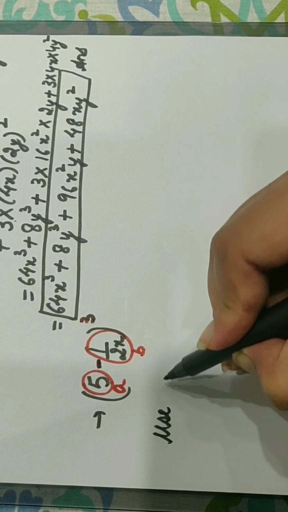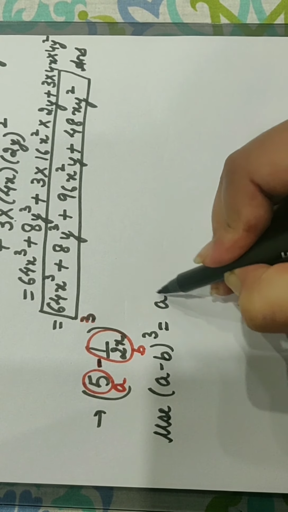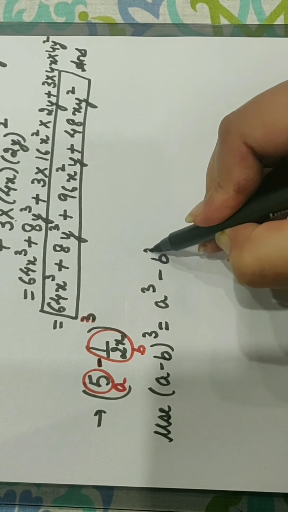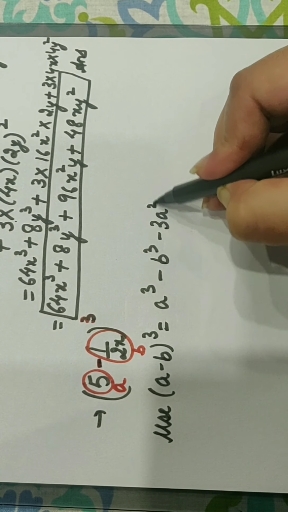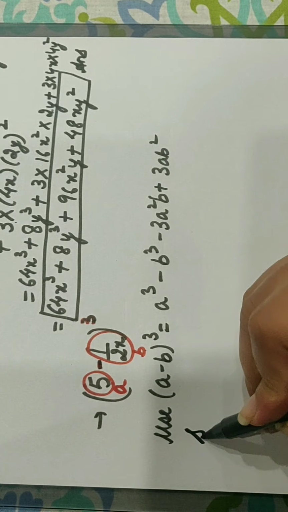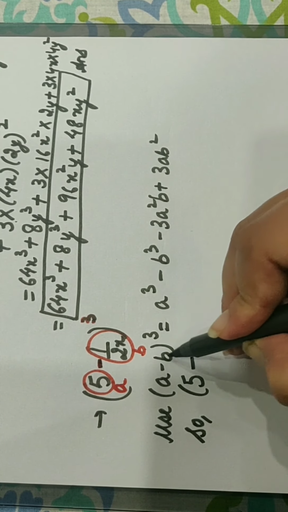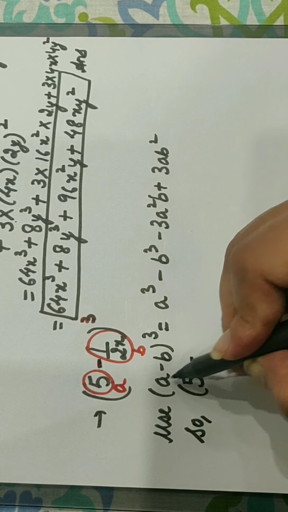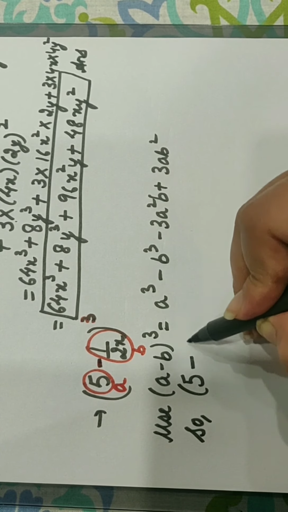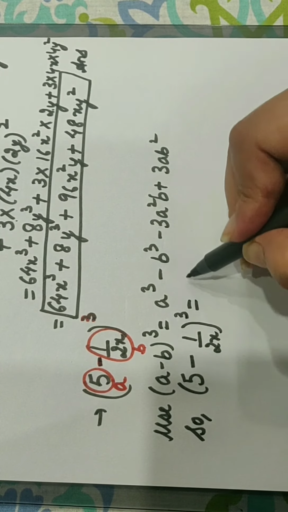So it is of the form (a - b) whole cube, which is equal to a cube minus b cube minus 3a square b plus 3ab square. So in place of a, I'll be substituting 5, and in place of b, I'll be substituting 1 by 2x everywhere.